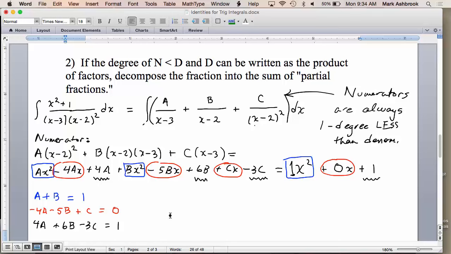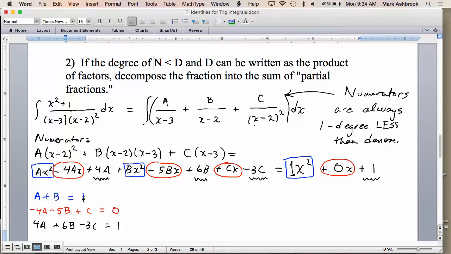Okay, so now we've got 3 equations and 3 variables. However you want to solve that system of equations, you're welcome to do. You can do elimination, substitution, or the matrix method. What I noticed right away is I've got a minus 4a and a 4a, although that will leave me an equation of b and c, which won't really help.